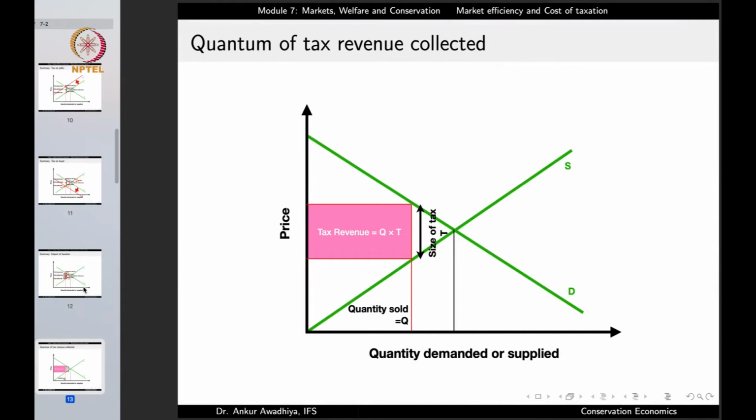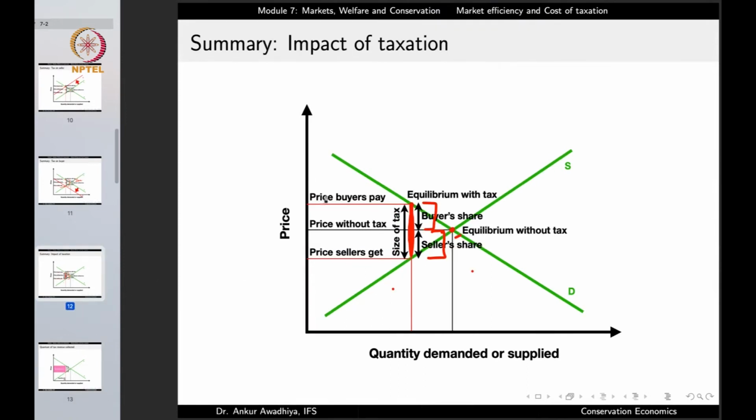So what we were seeing is that earlier the equilibrium quantity was this, but with the tax, the new equilibrium quantity is this. So this equilibrium quantity, or the number of units of pen that are getting sold after the tax, multiplied by the size of the tax.